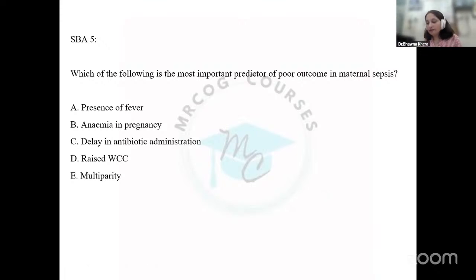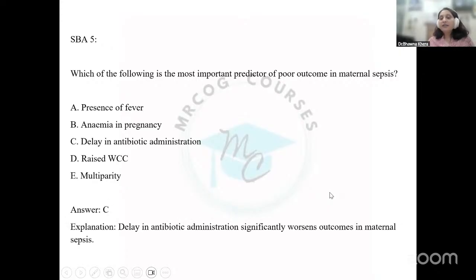Which of the following is the most important predictor of poor outcome in maternal sepsis? Presence of fever, anemia in pregnancy, delay in antibiotic administration, raised white cell count, or multiparity.